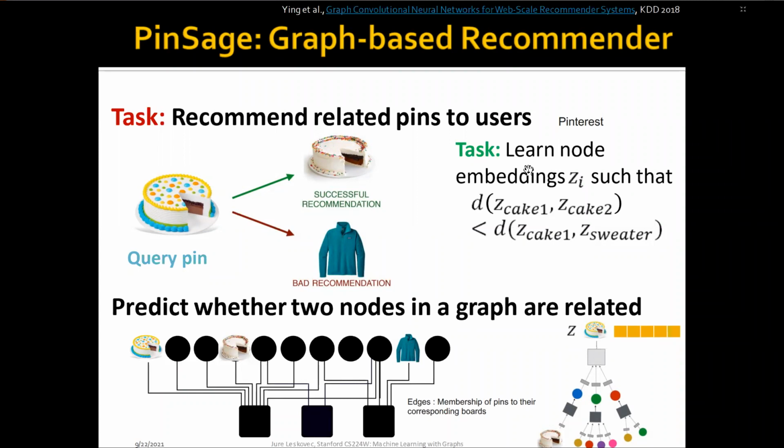So one crucial step of this task is to learn the node embeddings, such that when two nodes are similar, the distance of their embeddings should be much smaller than for two nodes that are very different. So this embedding distance tells you the similarities. And when you do the recommendation, you can just directly calculate the distance and show the closest items.